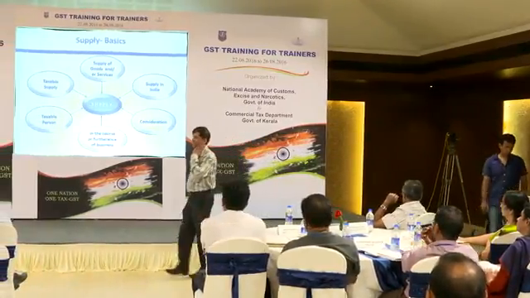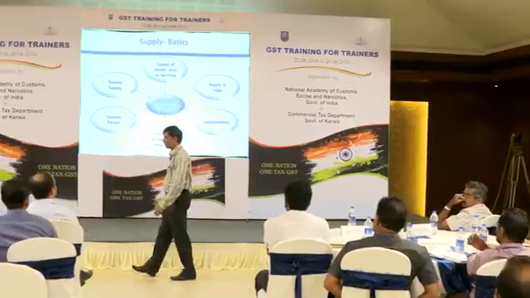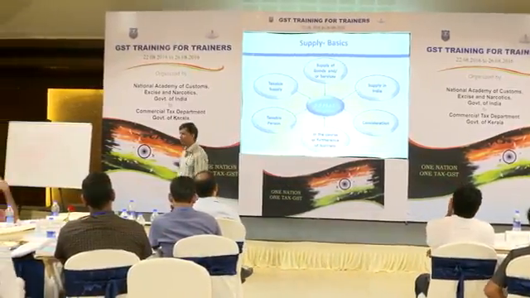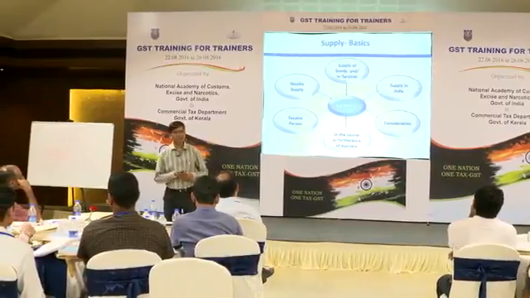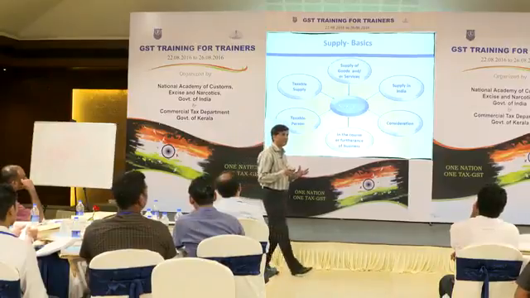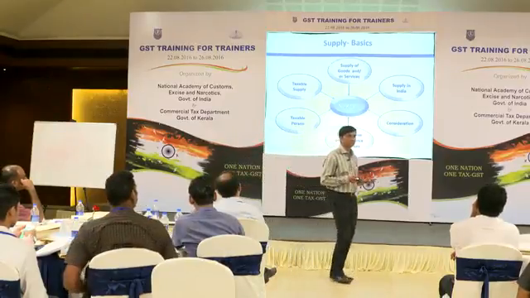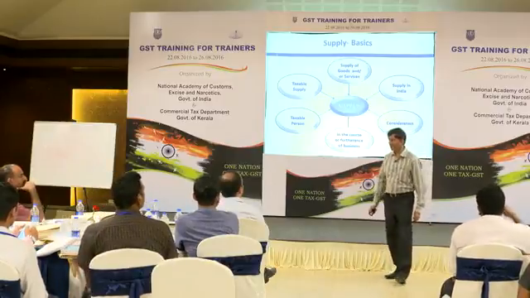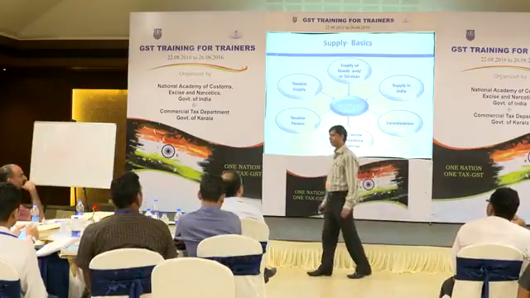When we talk about tax, we talk about two approaches. One is called a global approach, another is called a territorial approach. A tax has its jurisdiction in the territory to which it applies. Suppose we talk about services today, the Finance Act 1994 says the provisions of this Act shall apply to the whole of India except the territory of J&K.